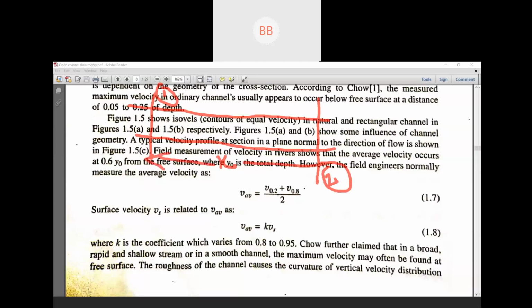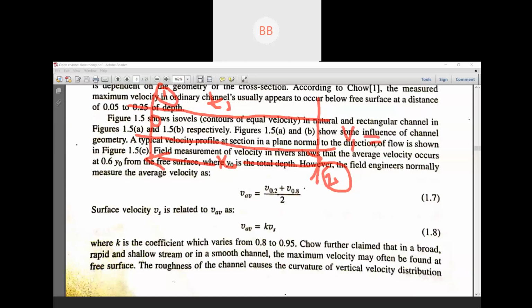Then we use a piece of paper. As soon as we drop it here, we start our time, or you can say stopwatch. We measure how much time it takes the piece of paper to travel from section 1 to section 2. That is the time. Then we find the velocity.